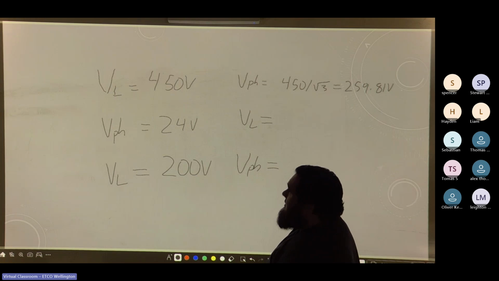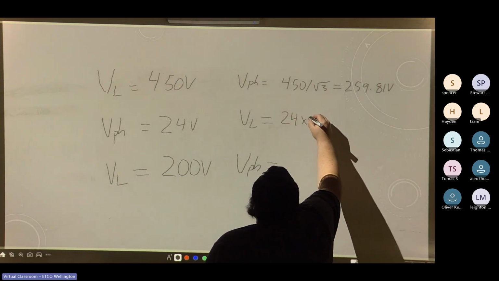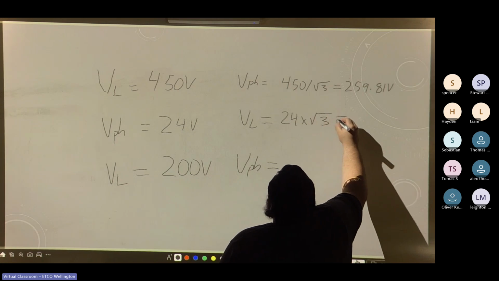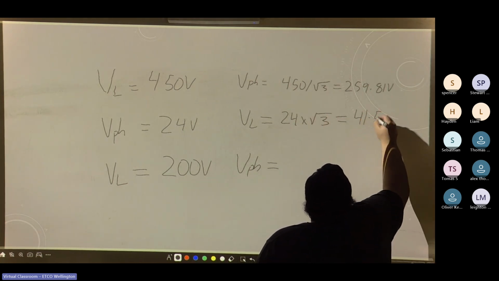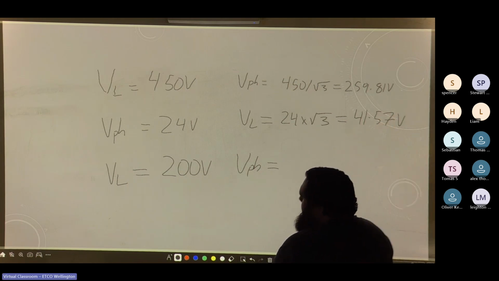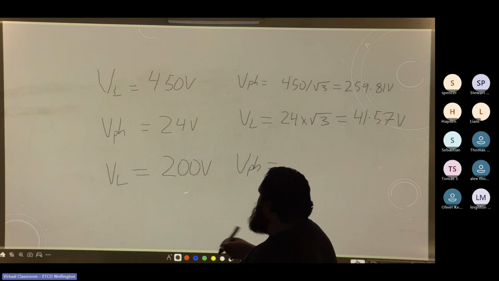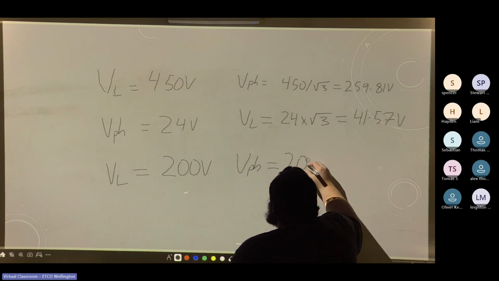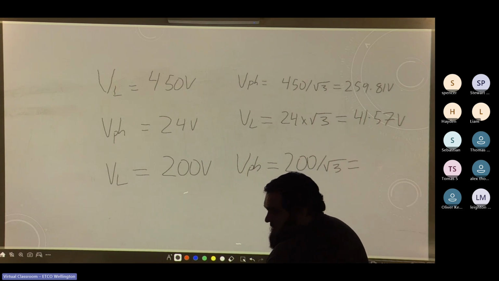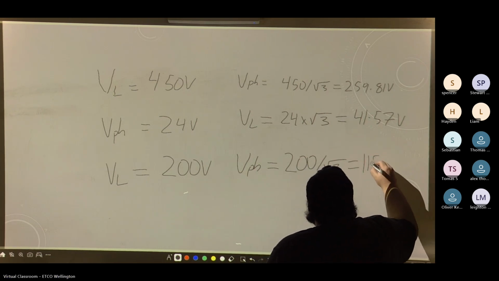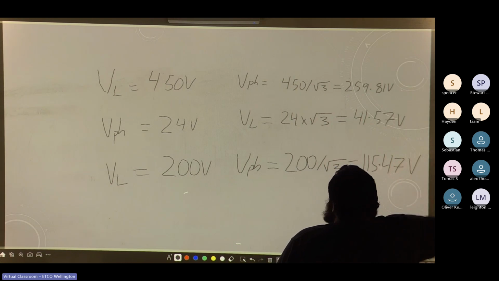For your second one, you take your V phase of 24 and multiply it by the square root of 3, which gives you 41.57 volts. For your last one, trying to find V phase, we divide again. It's 200 divided by square root of 3, which gives us 115.47 volts.